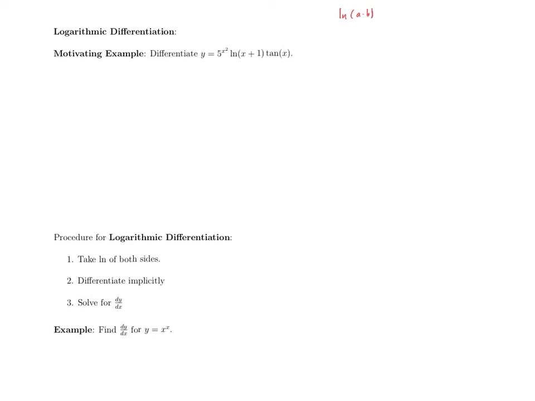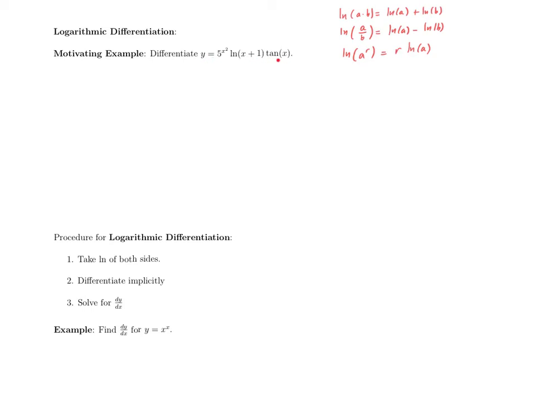That would be the natural log of a product becomes a sum of natural logs. The natural log of a quotient becomes a difference of natural logs. And if you have an exponent, say it's r, inside a natural log, you can write that as a constant out front. So let's go ahead and investigate this motivating example.